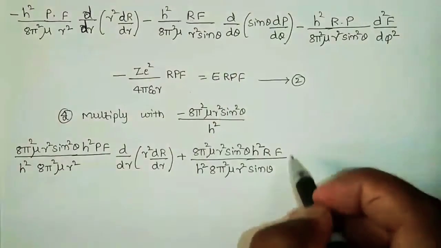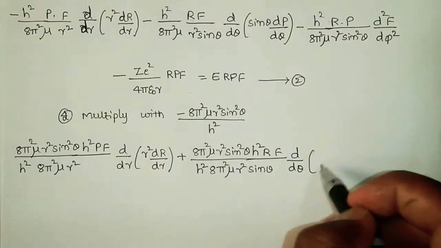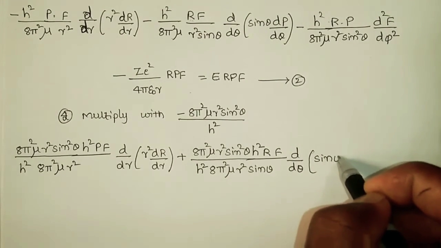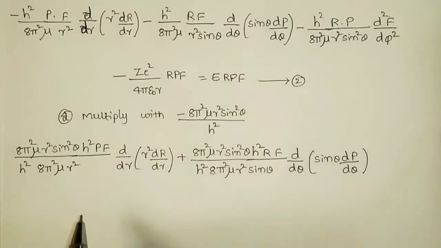This much we have, and the remaining thing is d by d theta of sine theta dp by d theta.